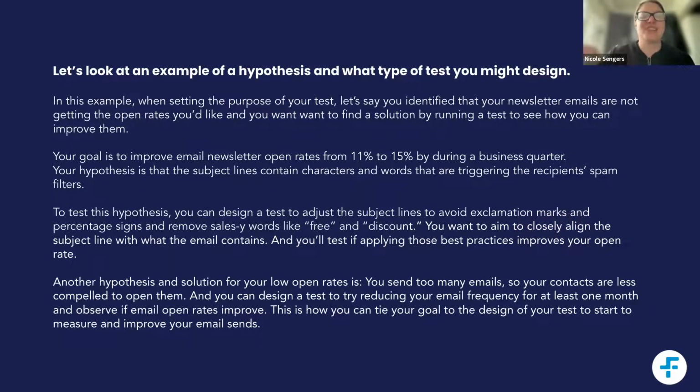Now, that's not a test you could run using the A/B testing tool, for example, but it's still a test that would help improve conversion rates potentially. This is how you can tie your goal to the design of your test and start to measure and improve. So not every test that you run in terms of doing better campaigns is necessarily linked to the A/B testing tool.